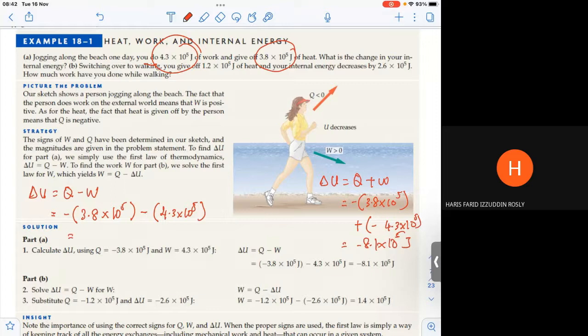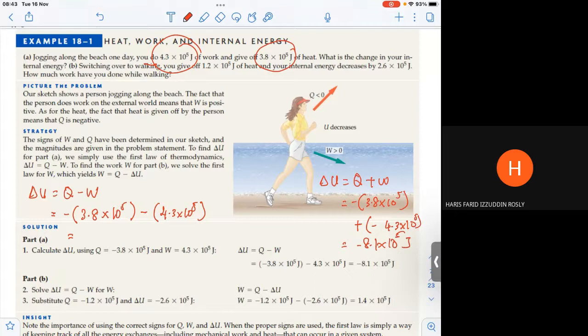The same goes for the answer. The answer must be the same because you are applying the correct equations in the right manner. So don't worry much about this chapter, because the only thing you will get wrong is just a minus or plus. It's just the sign that will differentiate between the correct and incorrect answers.